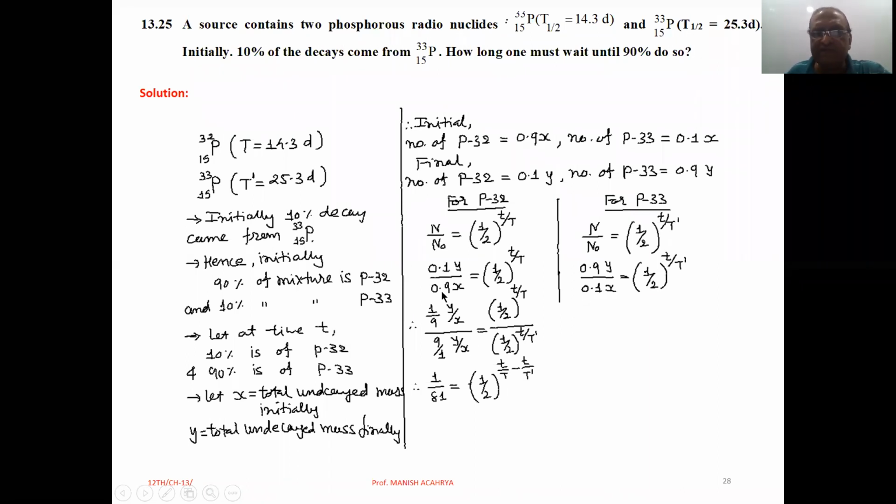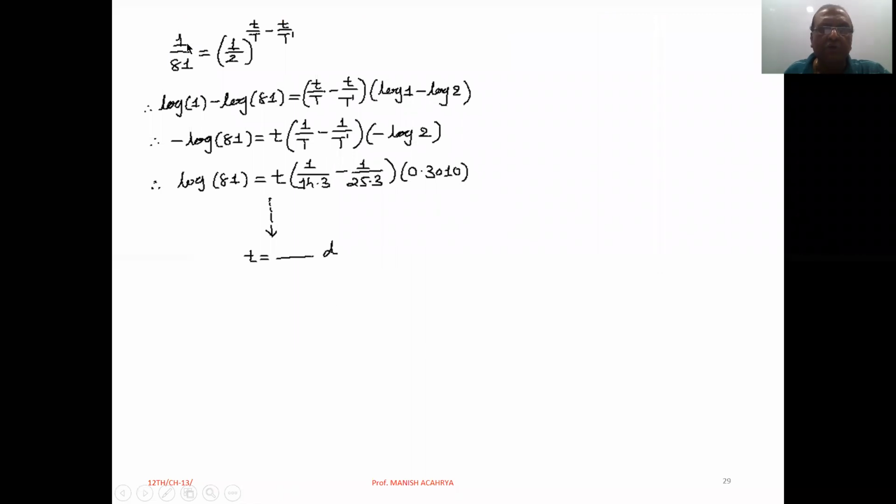This one is 1/9 y by x, and this is 9/1 y by x equal to 1/2 t dash. So 1 upon 81, that is half raised to t upon capital T minus t upon t dash.